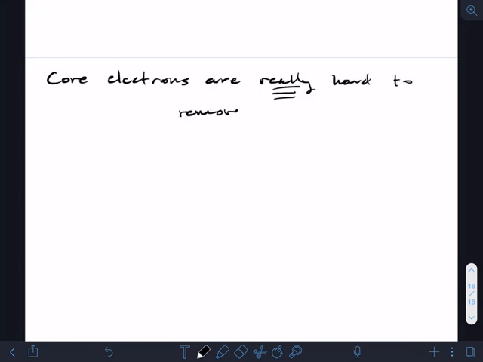All right. So we've talked a bit about ionization energy and the trend in ionization energy, but that's all been for valence electrons. Core electrons, on the other hand, are really, really hard to remove.